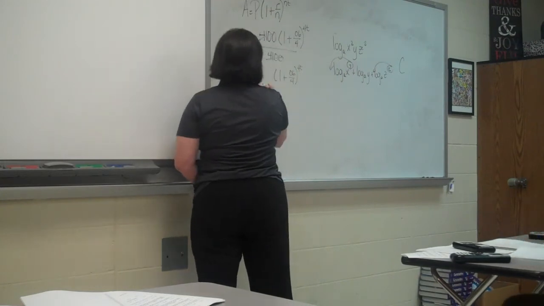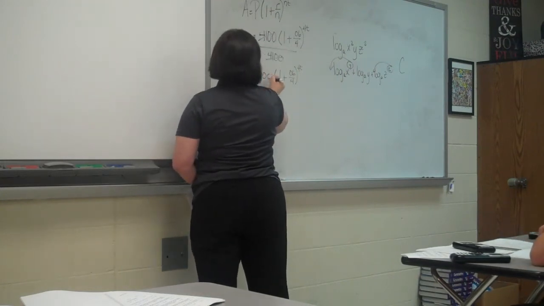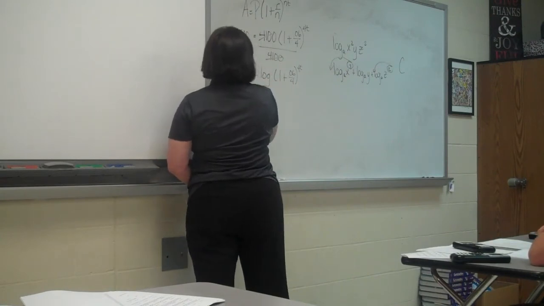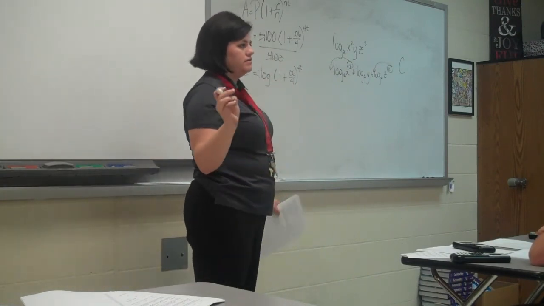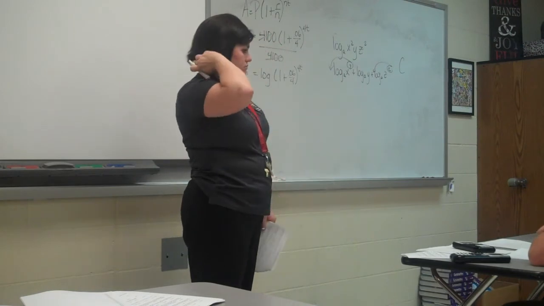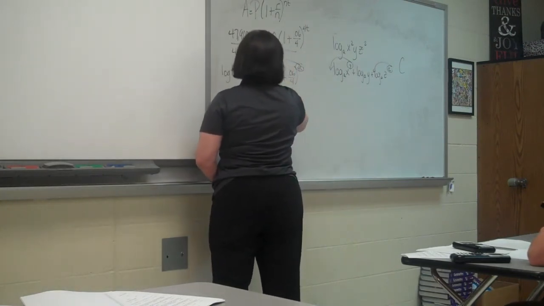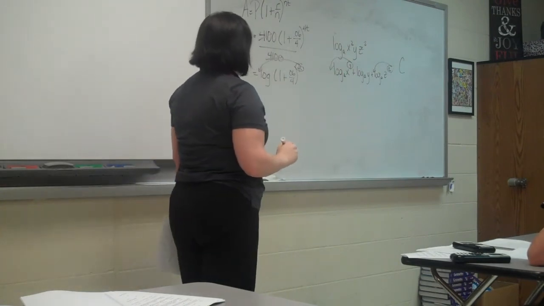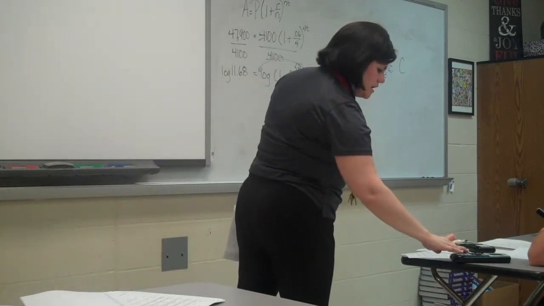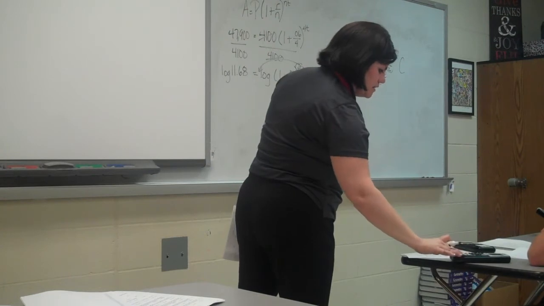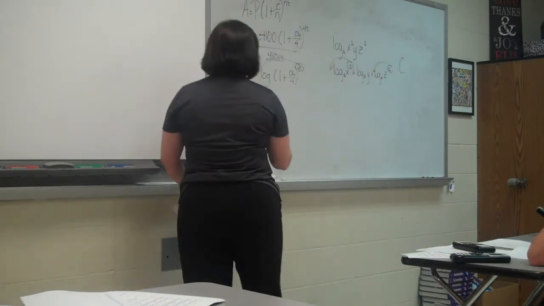I'm going to natural log both sides. Some people log both sides, some people natural log both sides. It doesn't really matter. You get the same answer. And then take this off and bring it to the front. The log of 11.68 is 1.067.